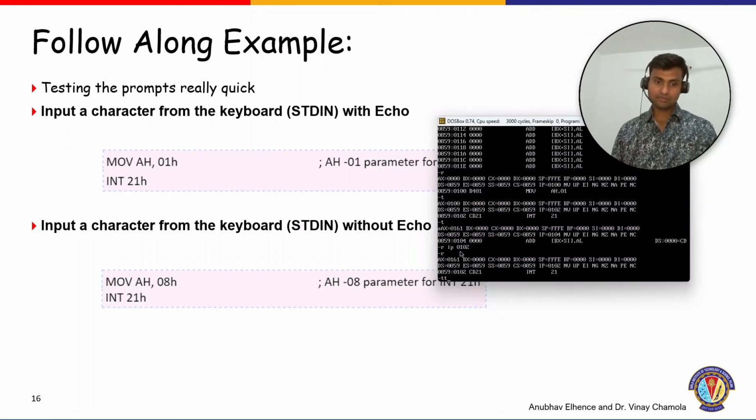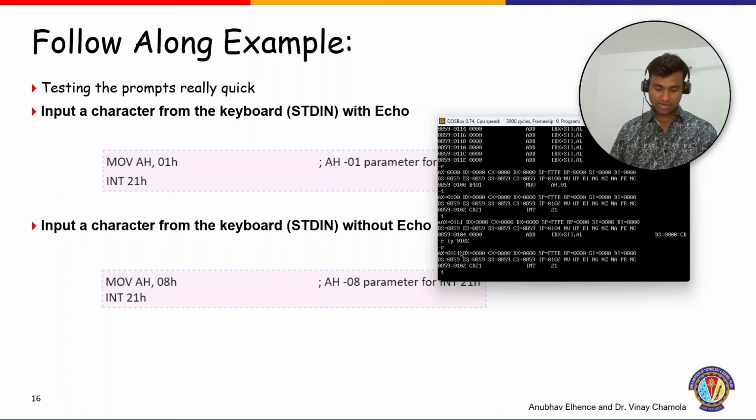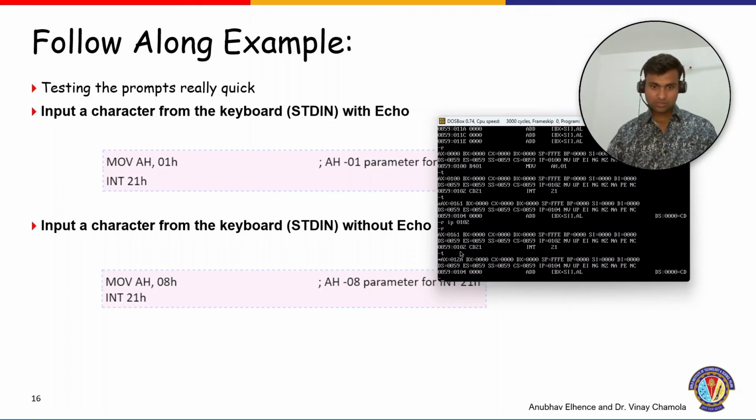So I'll raise the interrupt, and if I type, let's say, any key, you can see that the ASCII of that is stored here in 2A, whatever it is. You can just verify. I'm guessing star is 2A only. Whatever value you put gets stored in the AL.